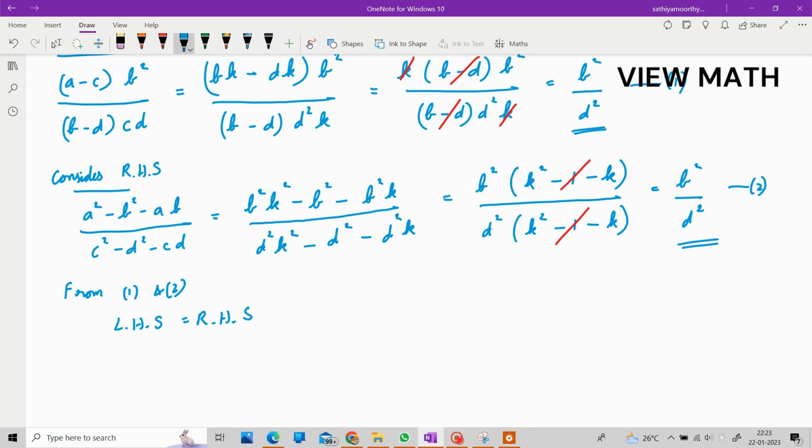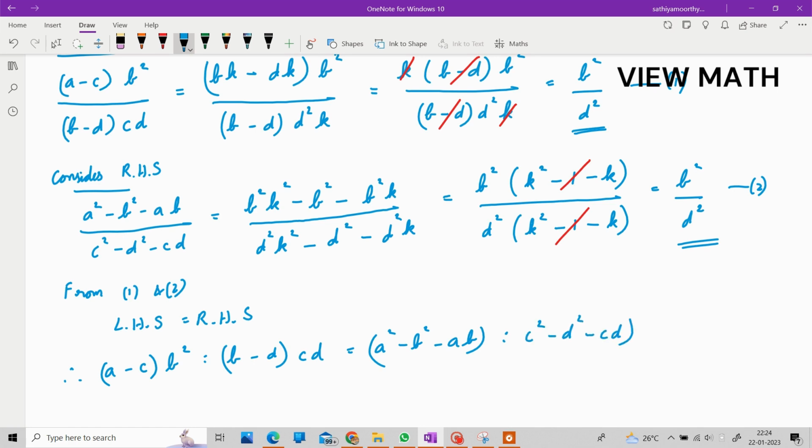So left hand side is equal to right hand side. Therefore we have proved (A minus C) into B square is to (B minus D) CD is equal to (A square minus B square minus AB) is to (C square minus D square minus CD), hence proved.